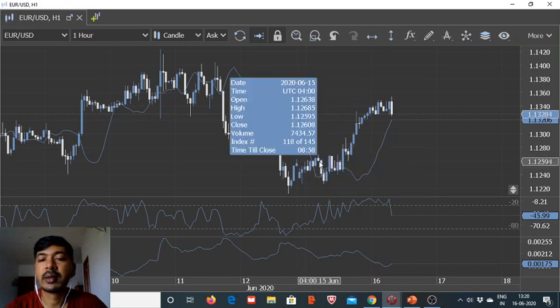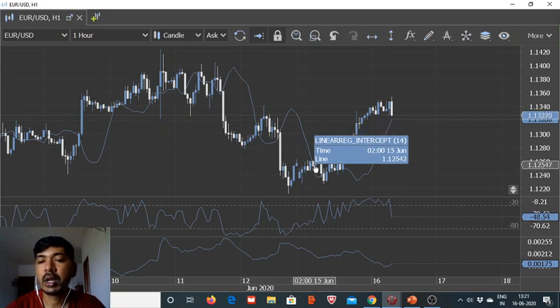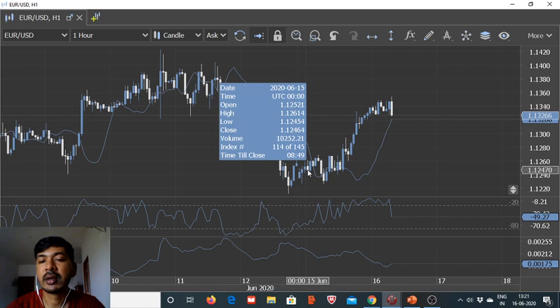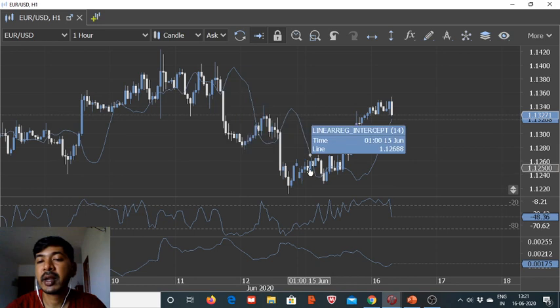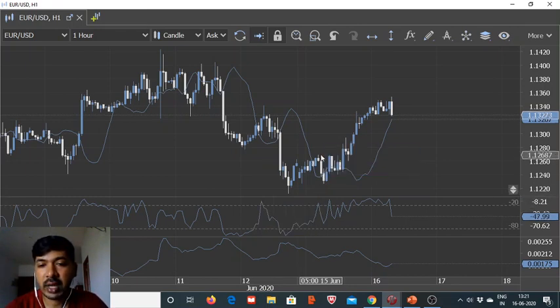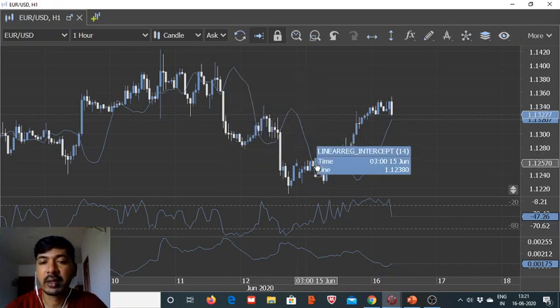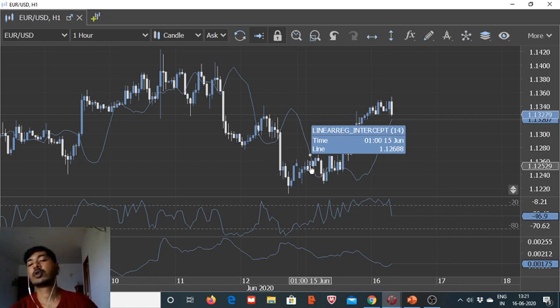So we will utilize the shift 1 and then shift 3 to check on the prior candles as well, and we want the trading to happen only when the trend change is in the initial stages, when the trend is changing from being in the bearish territory to bullish territory with strong momentum, as can be confirmed by the fact that Williams R is also entering into an overbought scenario. Only during such times the new trade should be initiated, and for that we are bringing in this condition that the price action should have been below the linear regression intercept.